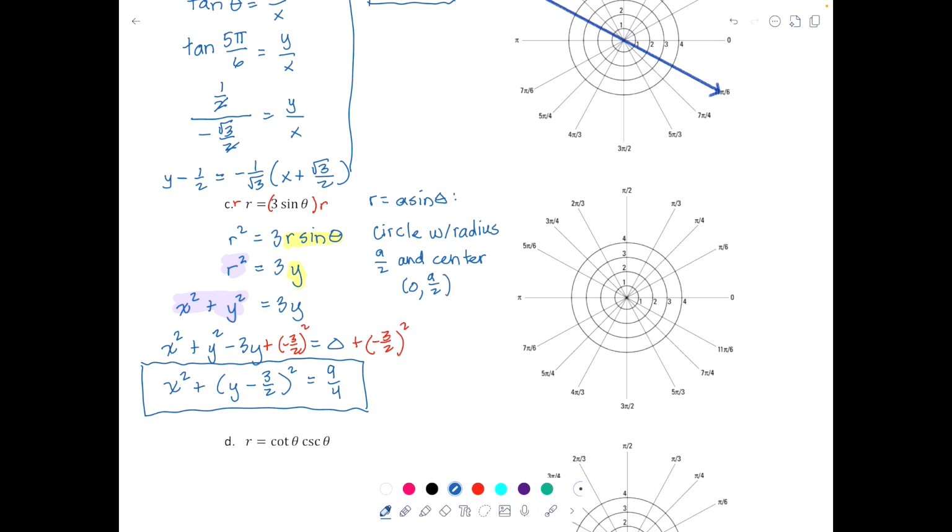So again, that's general. For us, we will have a radius of 3/2, and the center is at 0, 3/2. So 0, 3/2 will be about here.